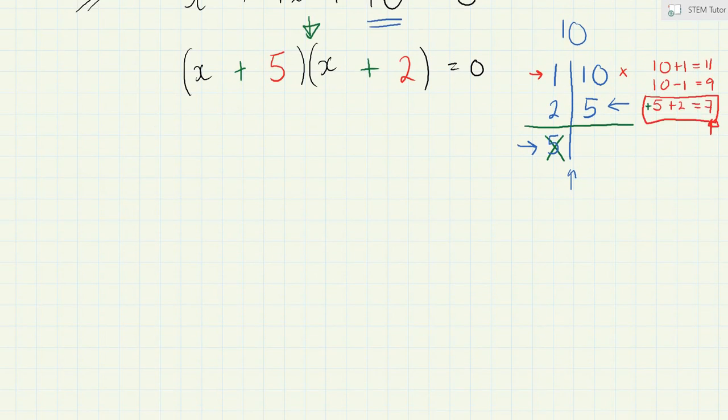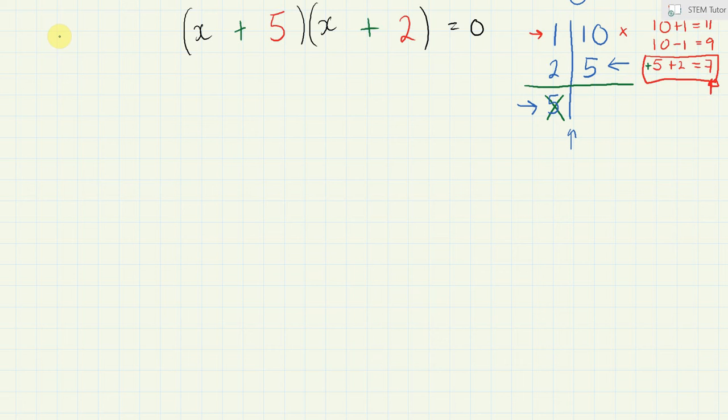Okay, so I'll go through another example just to make sure that it's clear. Here, for example, we have the equation x squared plus 8x plus 15 equals 0. So again, a equals 1.